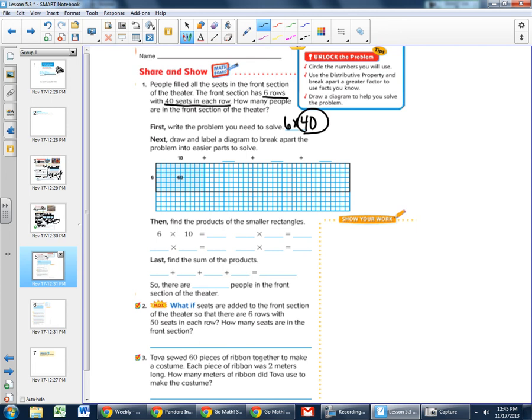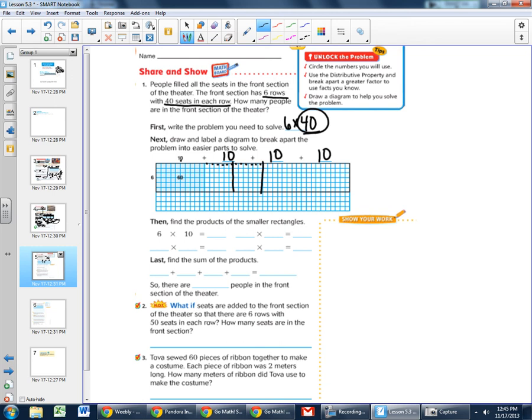Again, looking at the number 40, you know that you can break that apart using the distributive property and do by tens, which is what they've done. So you have 10 plus 10 plus 10, that's 30, plus another 10 is 40. And each one of those rows, or each one of those sections, has 40 in it. So you are going to finish shading in 1, 2, 3, 4, 5, 6. 1, 2, 3, 4, 5, 6.